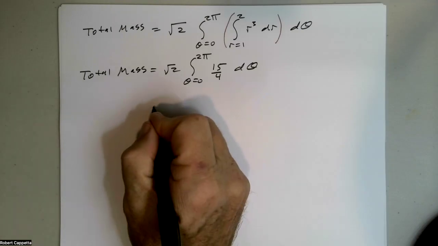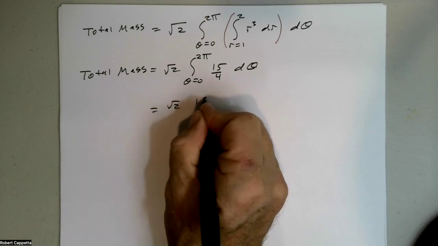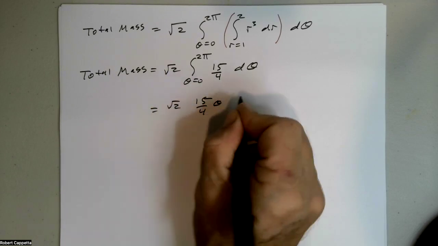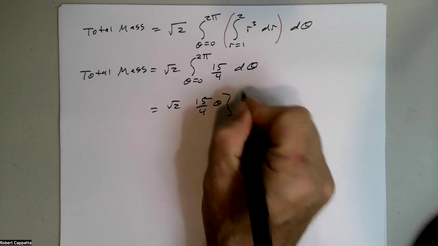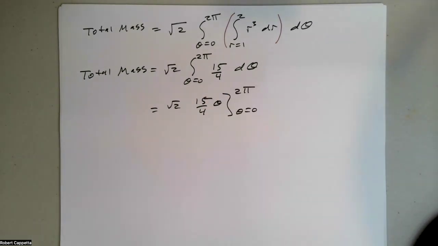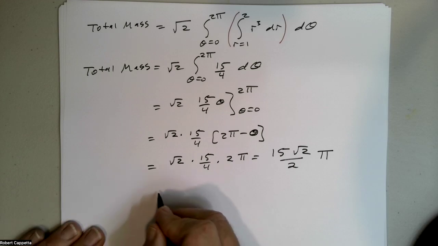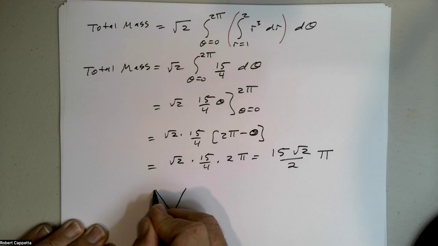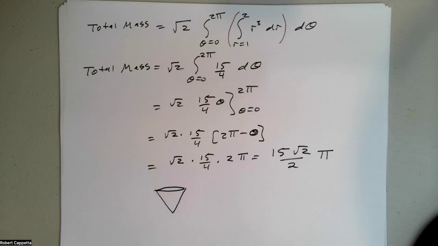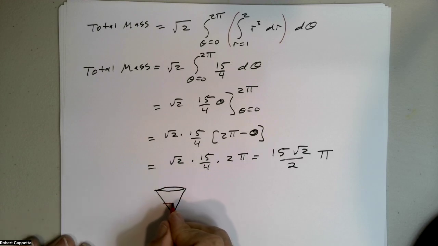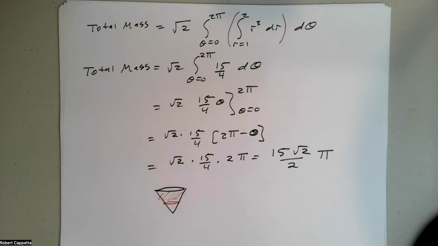And of course, our antiderivative will be 15 over 4 theta, as theta goes from 0 to 2 pi, which equals 15 root 2 over 2 pi, which again gives us the mass of that portion of the cone from z equals 1 up to z equals 2, as we go all the way around, given our density function z squared.